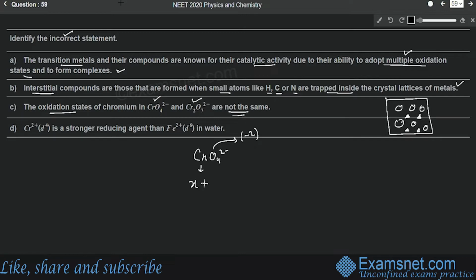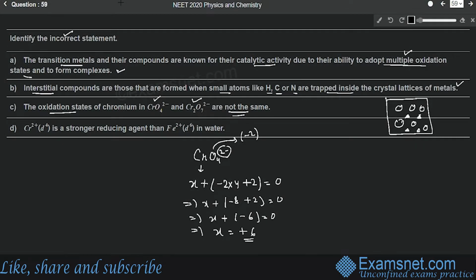Here 4 oxygen atoms are there, that means -2 into 4, and 2 minus charges are there, so +2, and on adding this we'll get 0. So x plus -8 plus 2 equals 0. That means x plus -6 equals 0. So what will be the value of x? It will be equal to +6. So the oxidation state of chromium in this compound is +6.